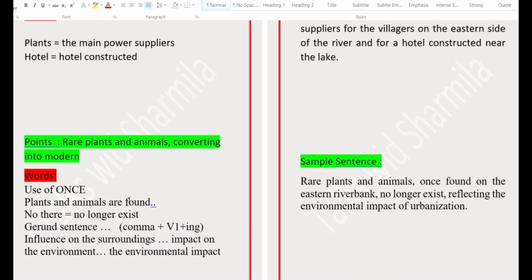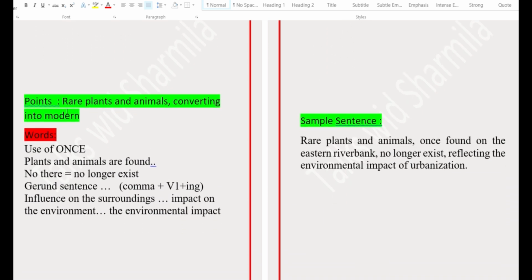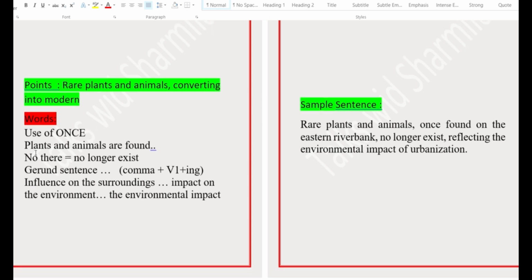Now, plants and animals are found; that is what we want to say. So that is, they are not there. For that we use the words "no longer exist." The gerund type of sentence, try to again include it, which is with a comma plus V1 plus ing form of a sentence.